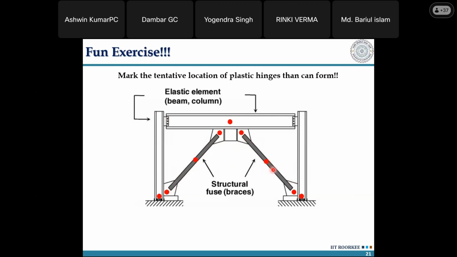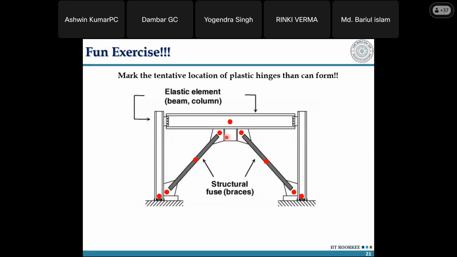Once it buckles, you understand from the hysteresis curve I showed on the very initial slide that when the brace buckles, it does not have enough compression capacity on the second round. So if the load was 40 kilonewton in compression in the first cycle, next time it will be less, about 20. Then it will keep on decreasing.